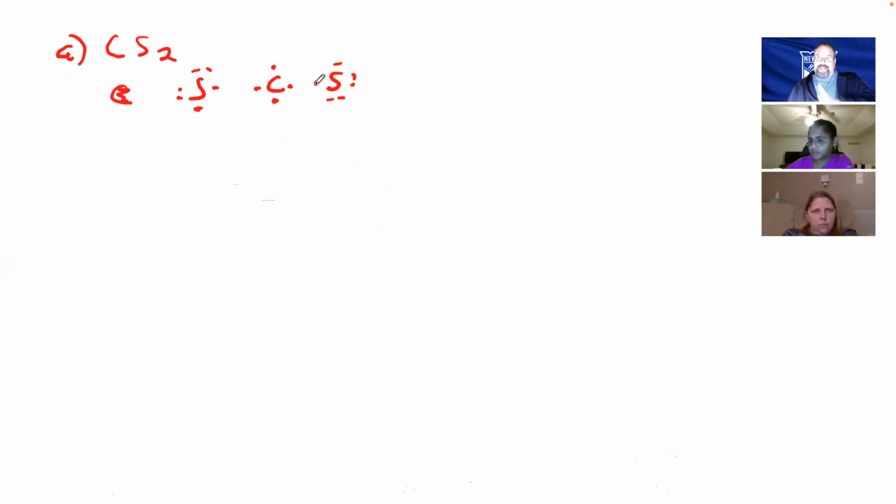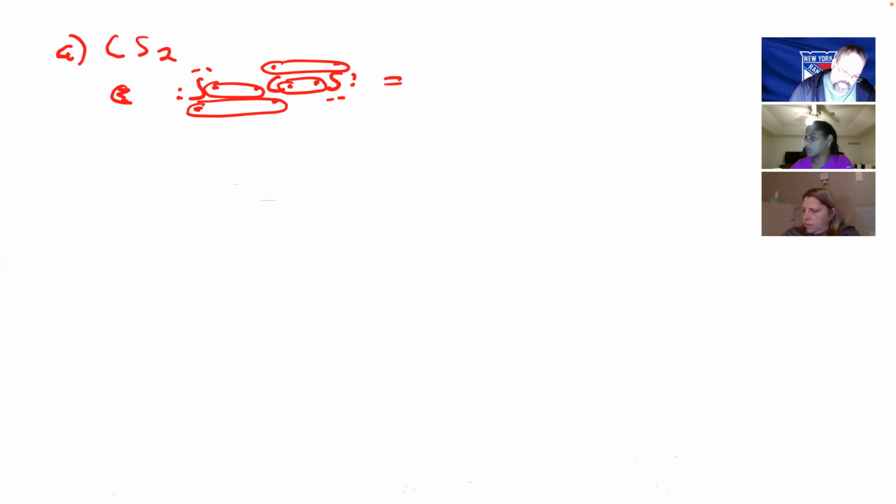So this is like the next stage in the process. What would happen is each of the sulfurs would form double bonds with the carbon. And that ends up working out really well, because that gives each element 8 valence electrons.